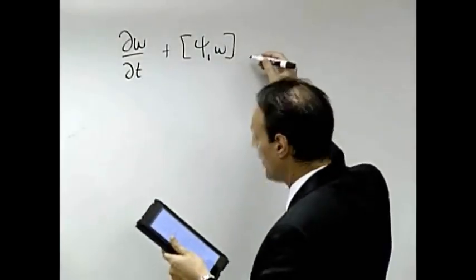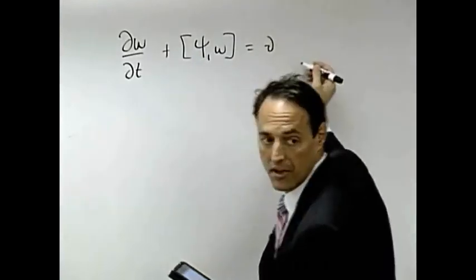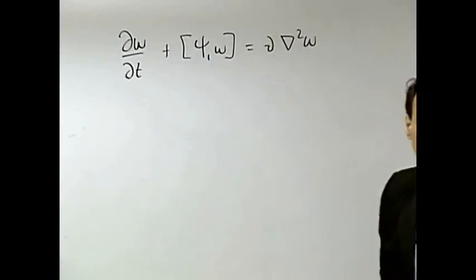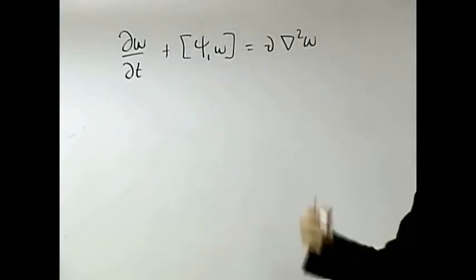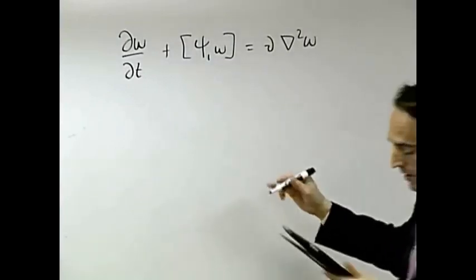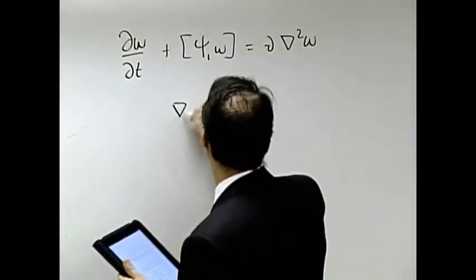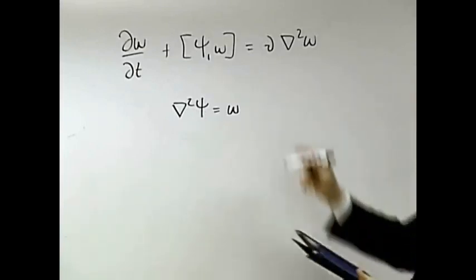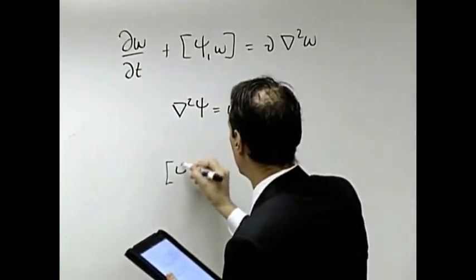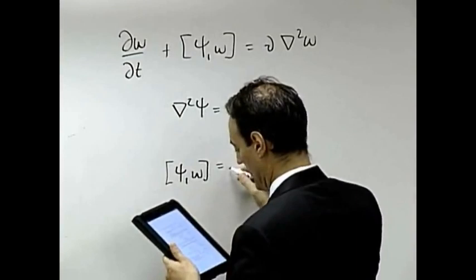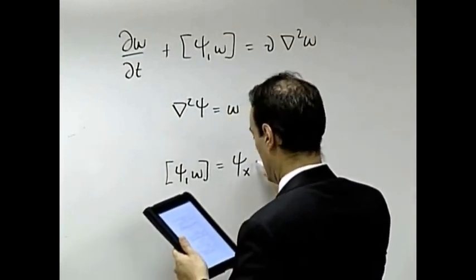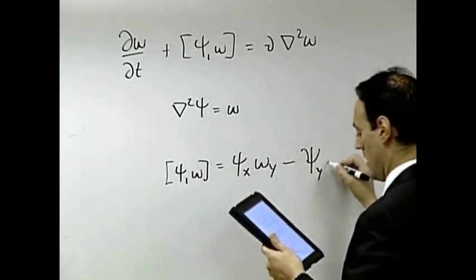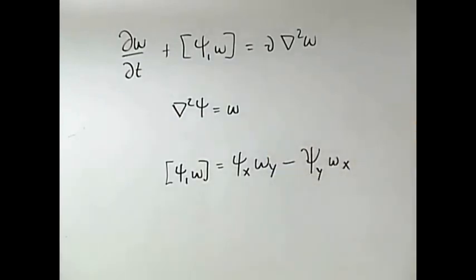I'm going to add one thing in here, which I didn't carry through in the derivation, but you can bring it in either empirically or through a derivation by including dissipative effects. Here are the equations, where this bracket is: psi of x, omega y, minus psi of y, omega x.